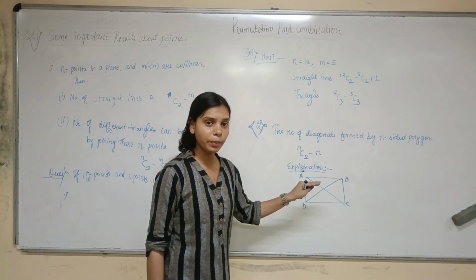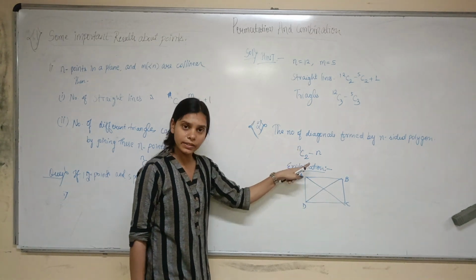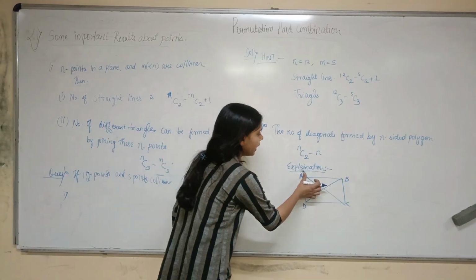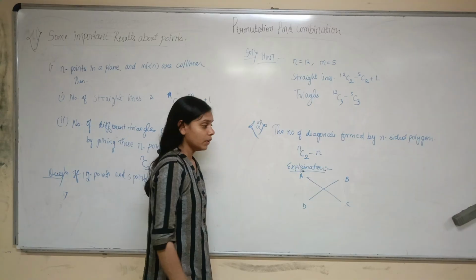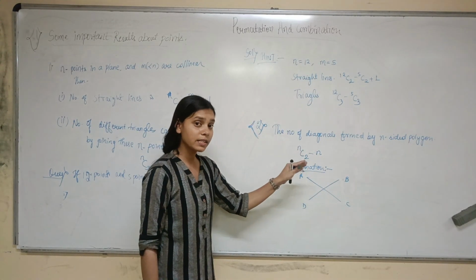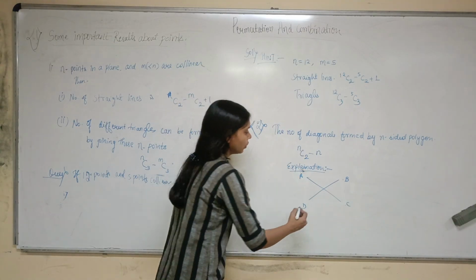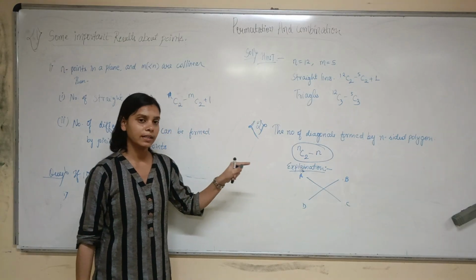Diagonals are contained, no problem, but the sides of the given polygon are also contained in nC2. That's why we subtract them. So the sides of the polygon are subtracted from nC2. So the direct formula will be nC2 minus n.